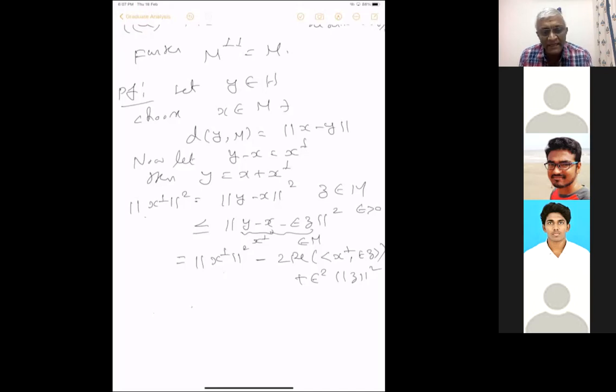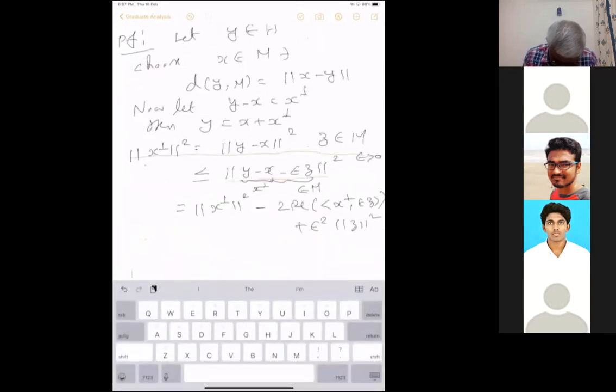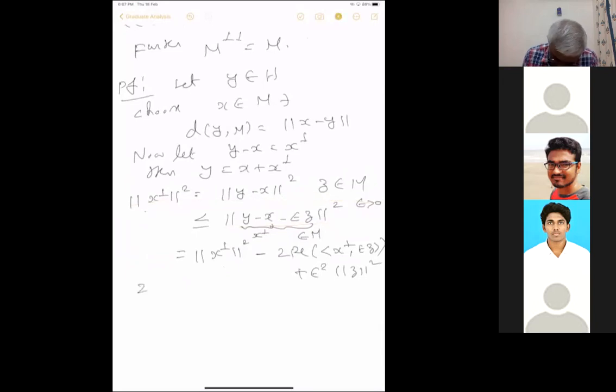I have got a minus sign there, so I should only take it that side. So this implies two times the real part of inner product of x perp and epsilon z is less than or equal to epsilon squared times norm z squared, for all epsilon greater than 0.